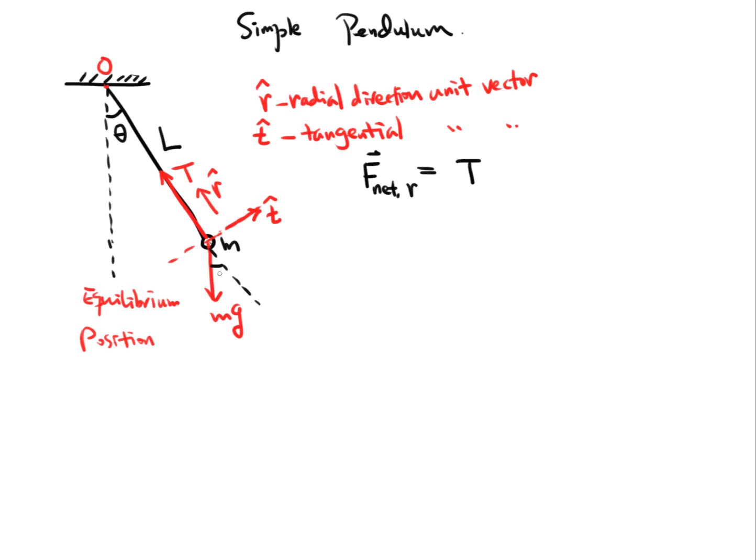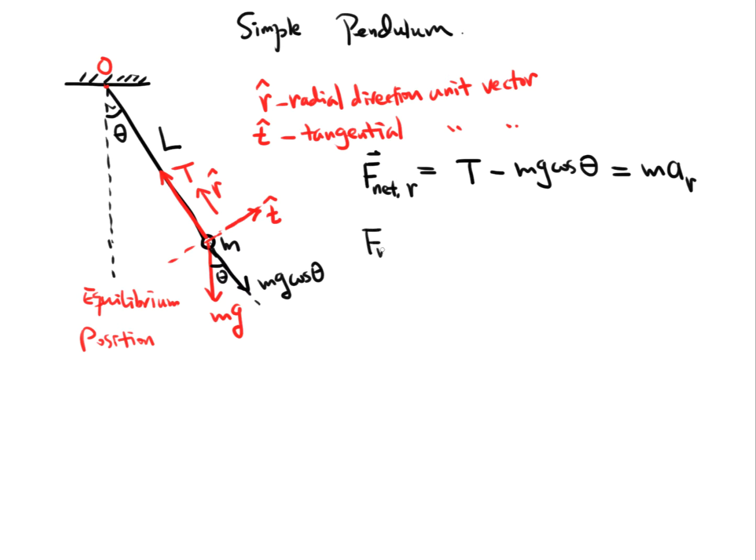Okay, so this angle is also theta. It's the same as this angle. And mg's component along this direction is mg cosine theta. But there should be a negative sign here because it's opposite to the radial direction. Okay, so that equals m a radial, the radial acceleration.